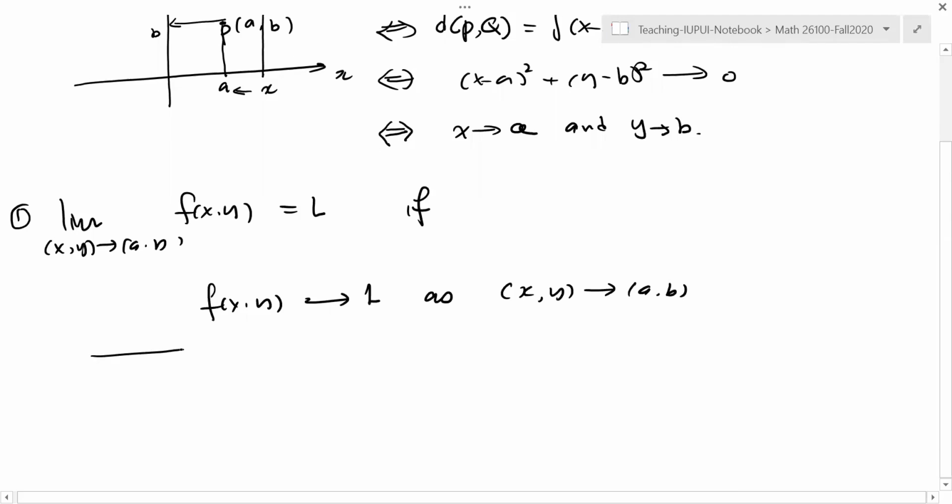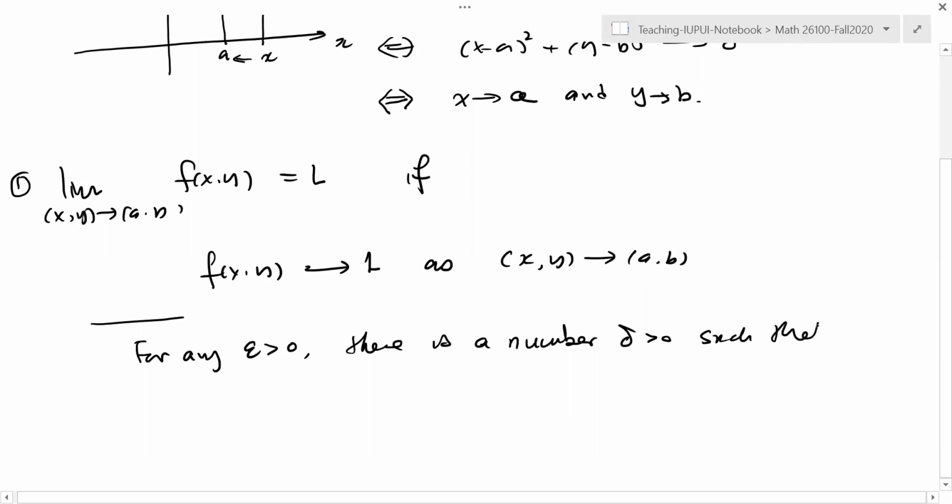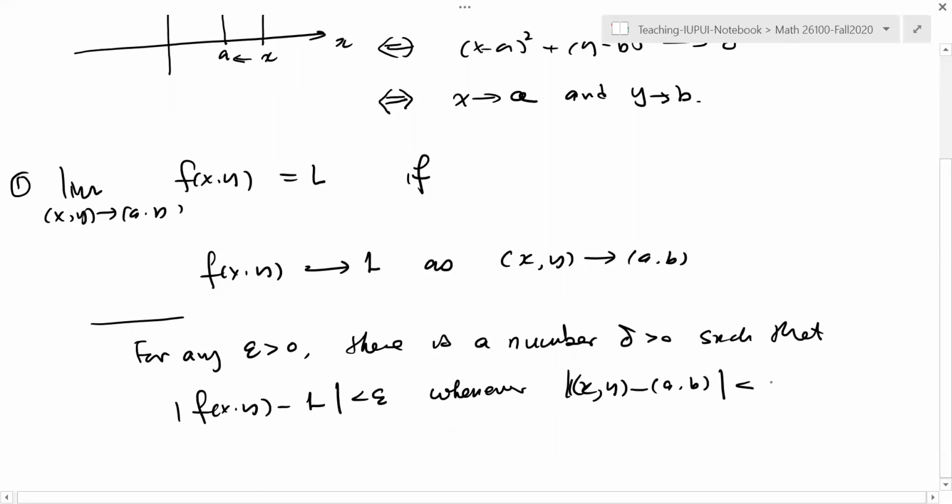But if you want the epsilon-delta language to define it, that means for any small epsilon, there is a number delta, which depends on the function and at least on epsilon, such that the difference between the two function values is smaller than the given epsilon, whenever the distance between those two points is smaller than delta.